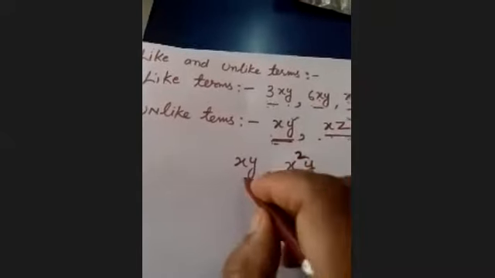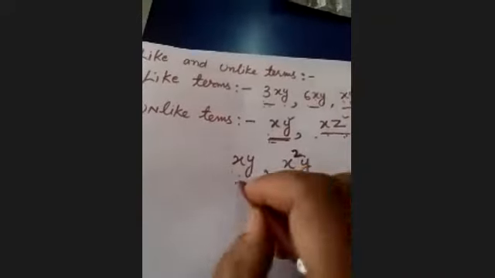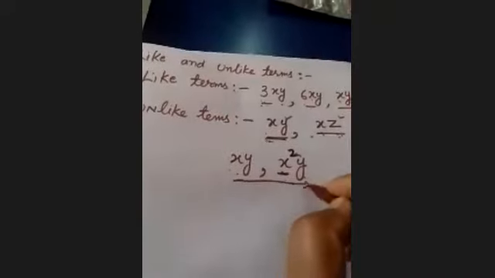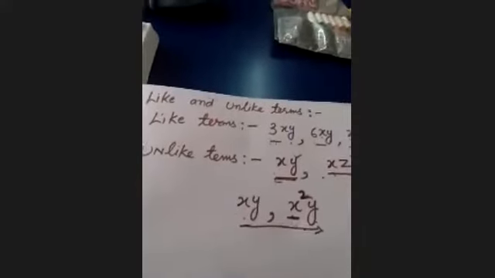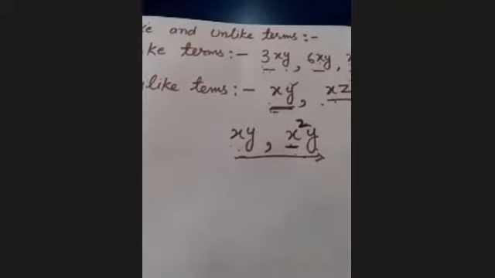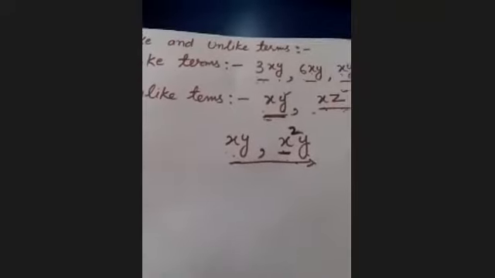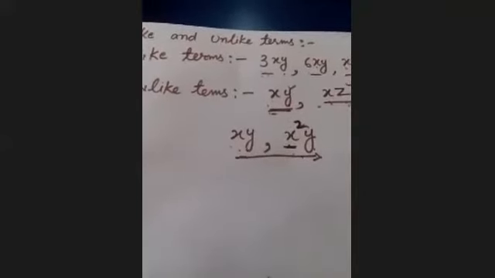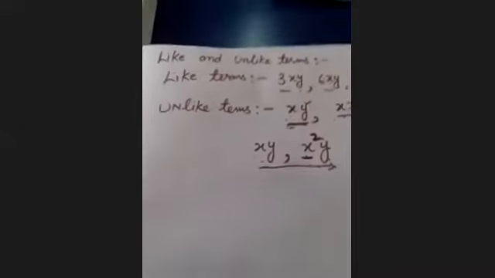So these are unlike terms. These are not like terms, beta. So, what are unlike terms? If two terms have different variables, then these terms are unlike terms.